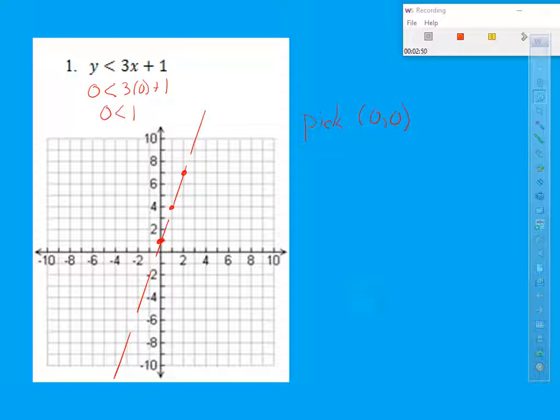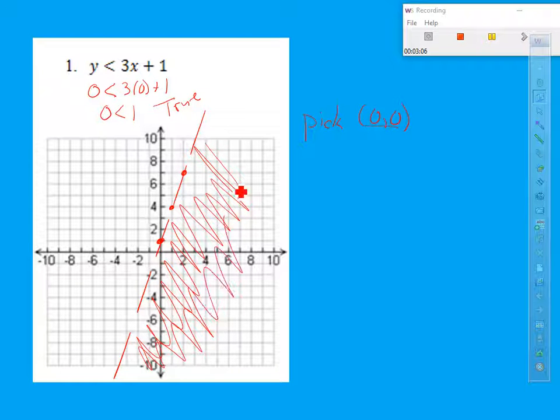Since that's a true statement, I want to shade on the side that 0, 0 is on. 0, 0 is on this side, so I'm going to shade on this side. So any ordered pair on that side of that line will make that a true statement. So there's how you do your first one.